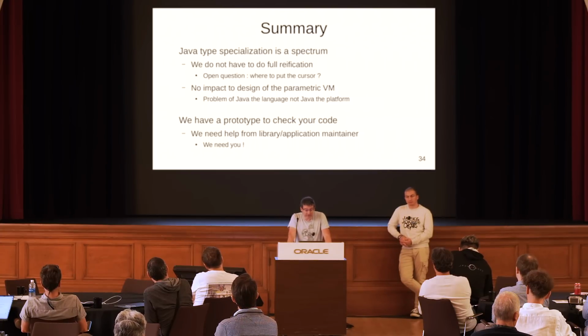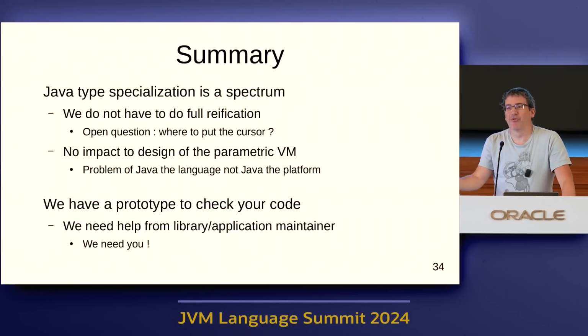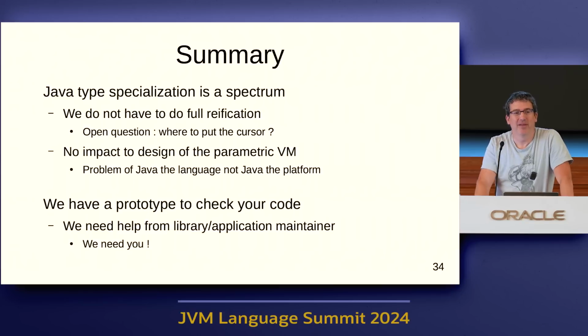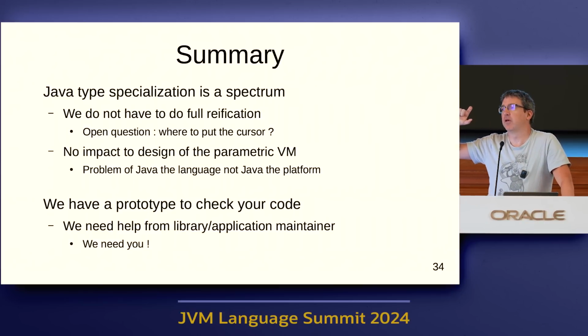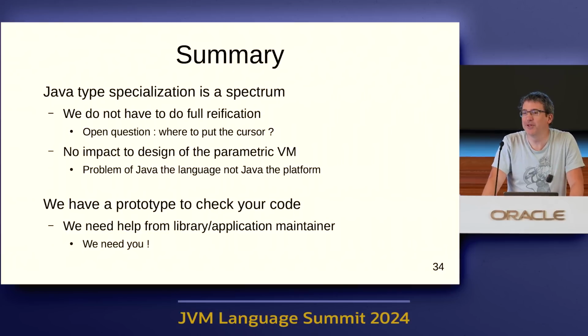The other thing is that we have a prototype. We ran it on other projects, but we were not able, looking at the code, to be sure if some casts were right or not. We are asking for help.